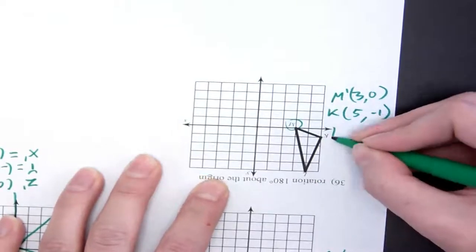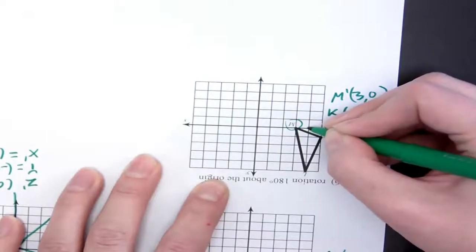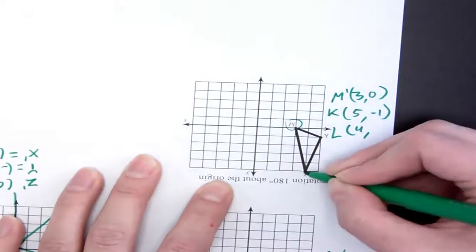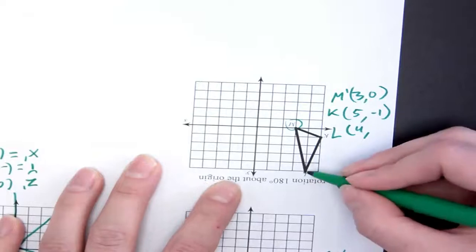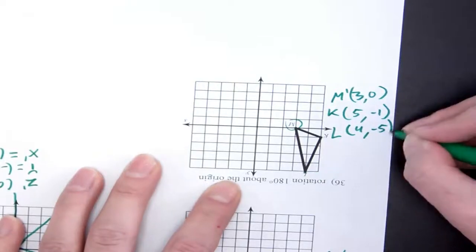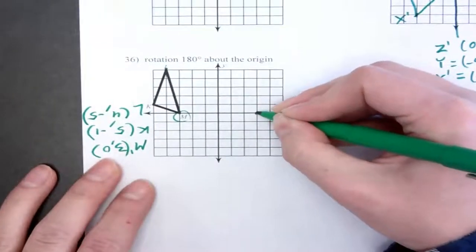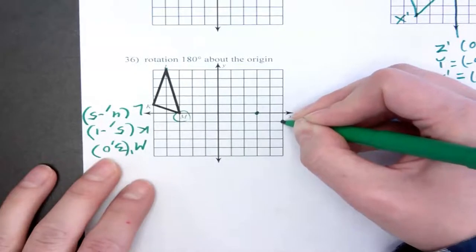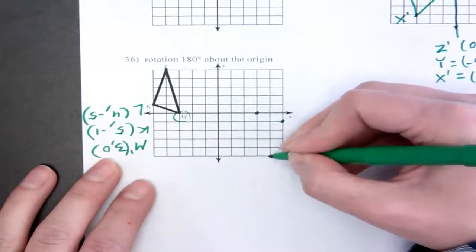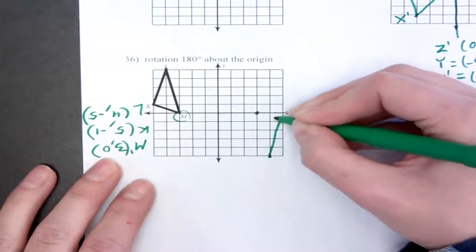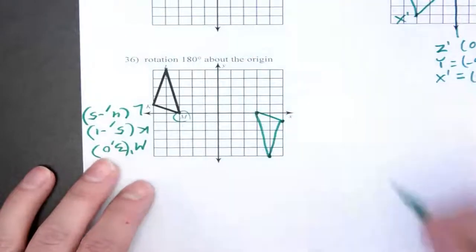And L is now 4 and -5. And so those are the points. I flip my paper back around and plot the 3, 0, 5, -1, and 4, -5. And I can see it looks like I've taken that and just rotated it around.